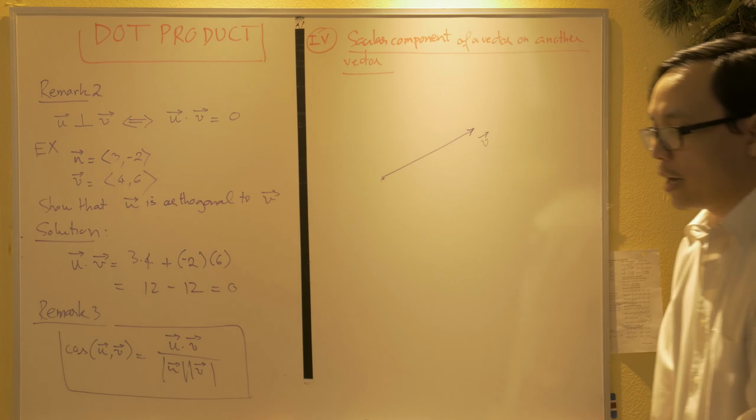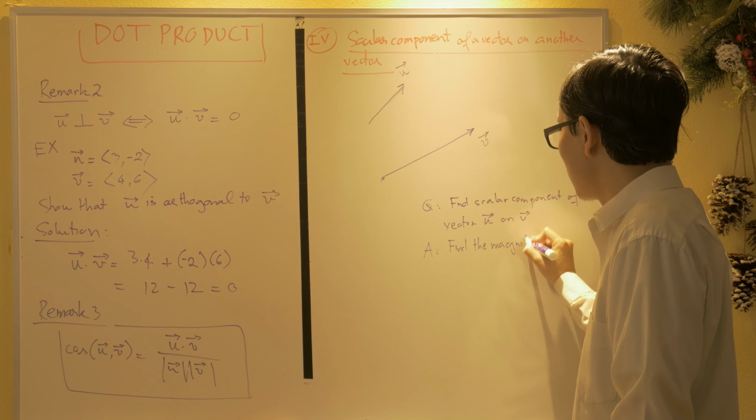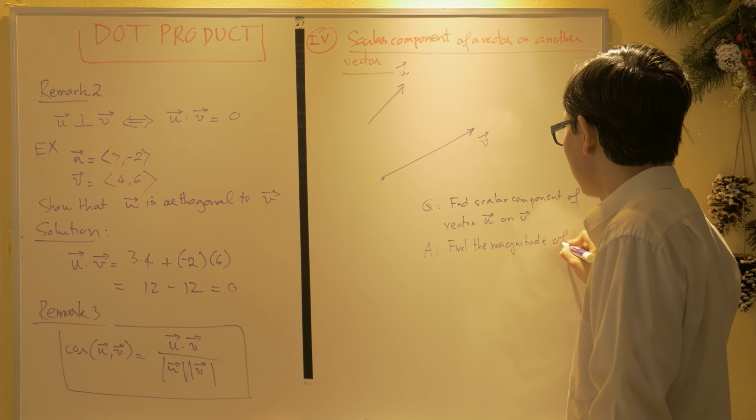It means that you find the magnitude of the projection of vector u on v. That's what it means.